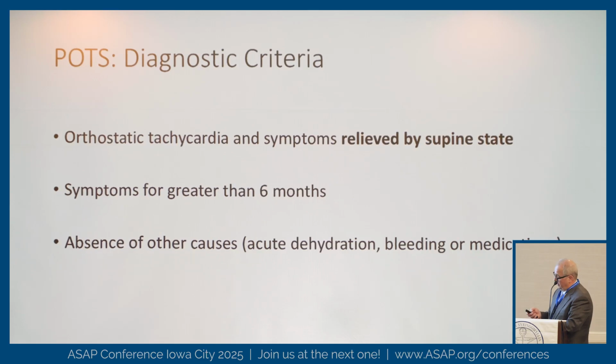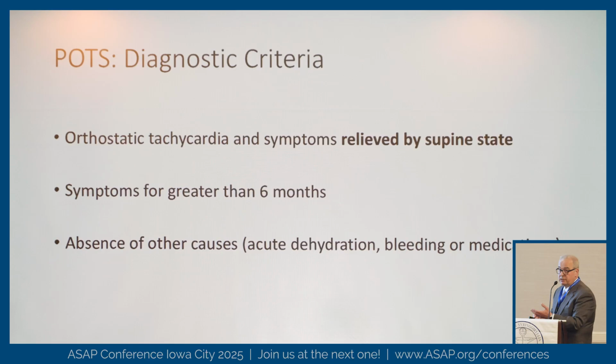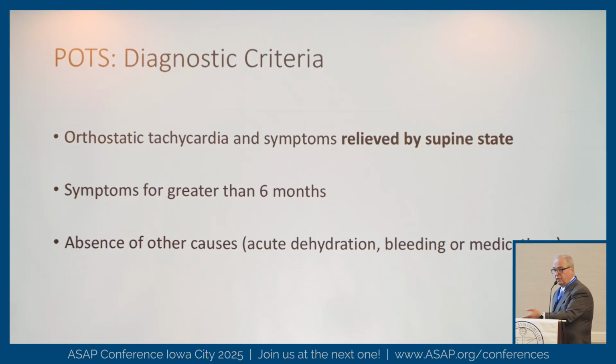Another important criterion is that the symptoms will get better if the patient sits down or lays down. If they sit down or lay down and they don't feel better, maybe there is something else besides POTS. That doesn't rule out POTS, but maybe they have something else and you should think about it. Also, the academic and physician associations require that you have the symptoms for more than 6 months to diagnose it.